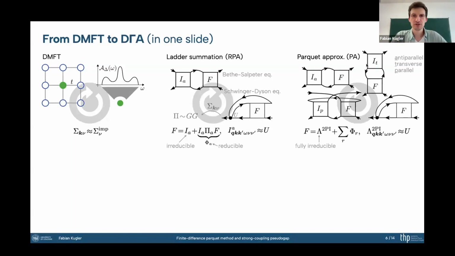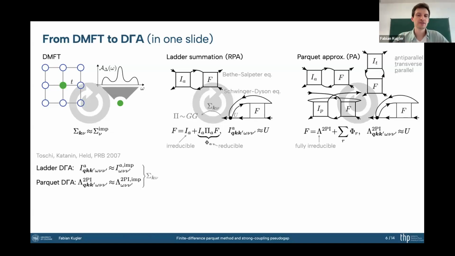All right, so this was the little refresher. And now we come to D gamma A. I think it's clear that these approximations here, even if for intricate quantities, are perturbative approximations and therefore will not bring you all the way to strong coupling. And for this reason, it's a very interesting idea to say, let's approximate these irreducible building blocks non-perturbatively.